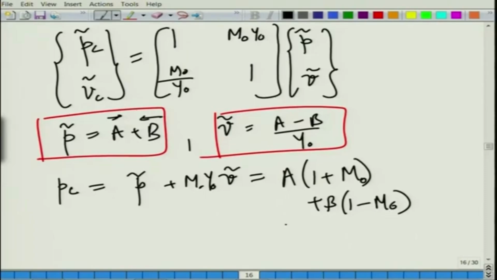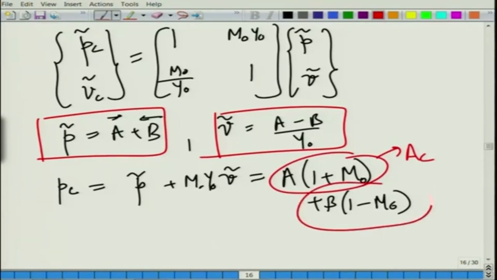So, now here is an opportunity to define yet another variable, calling this as AC and this guy as BC. Okay. So, we have got this.